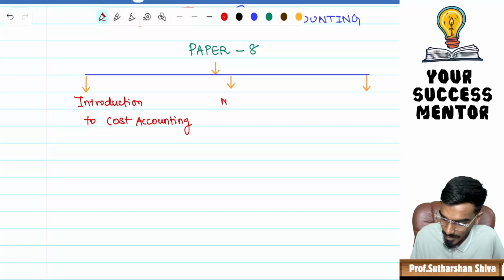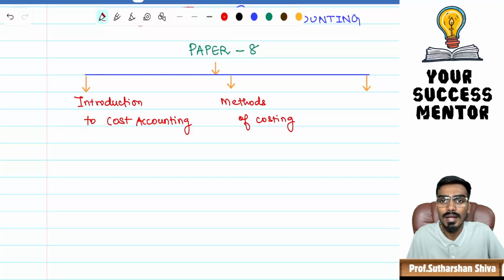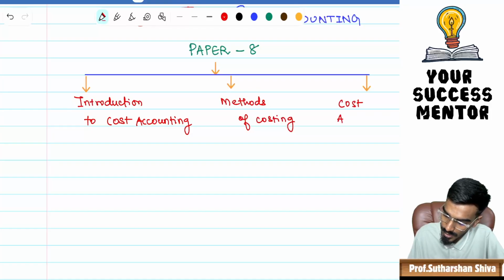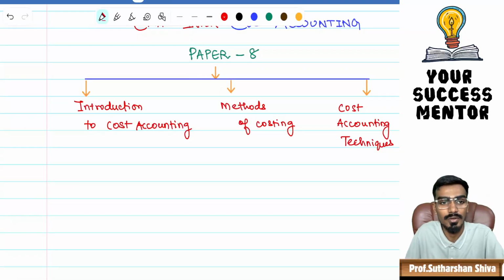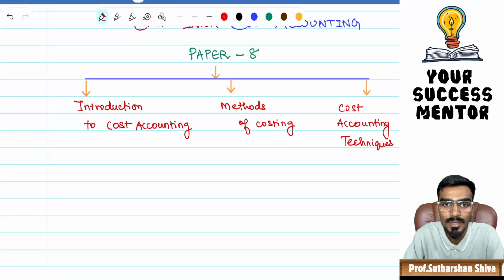Then we will be having methods of costing. And then we will be discussing the cost accounting techniques. These are the only 3 areas which we are going to learn. Our entire costing paper is divided into these 3.